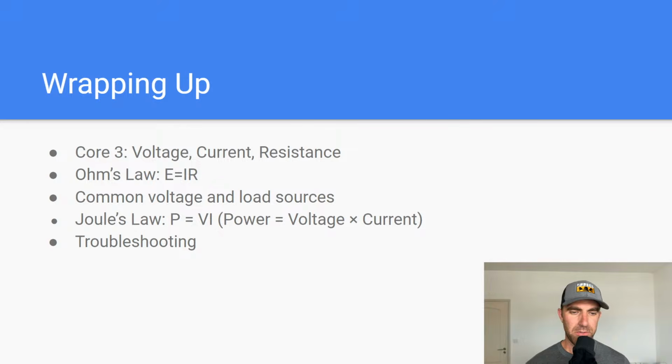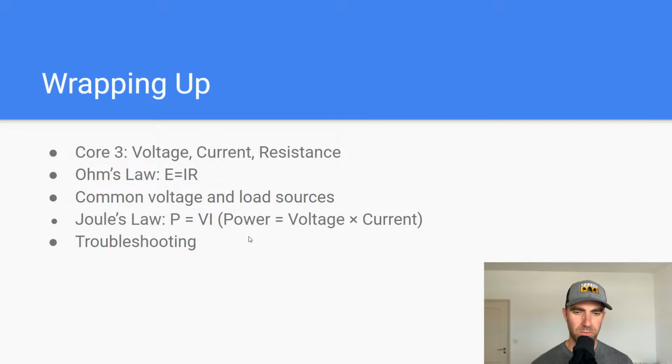And then load sources would be avionics, and power going out to any other components that are used to actuate different systems. And then Joule's law for power: power equals voltage times the current.